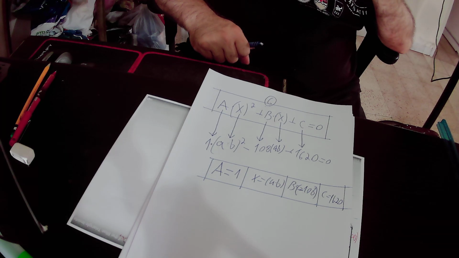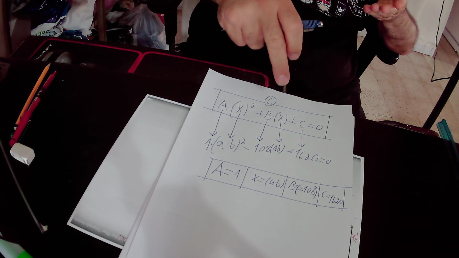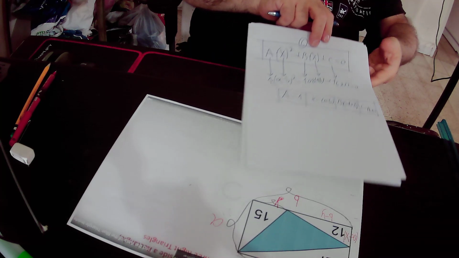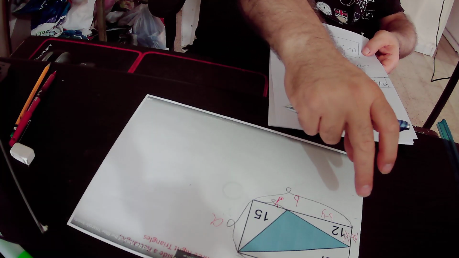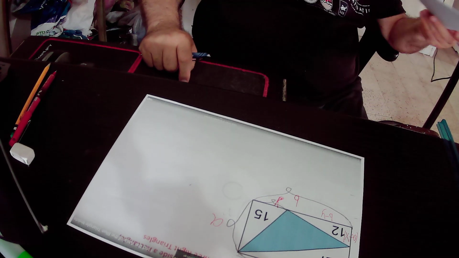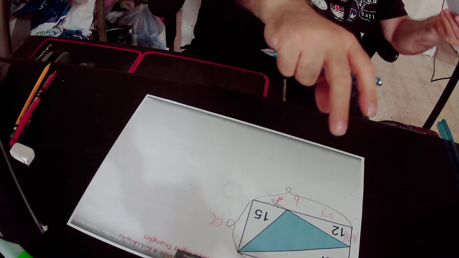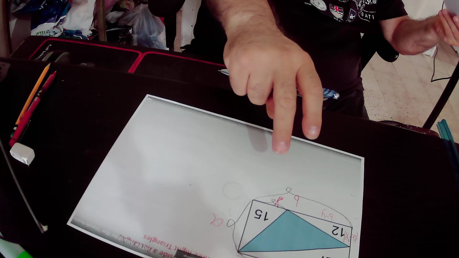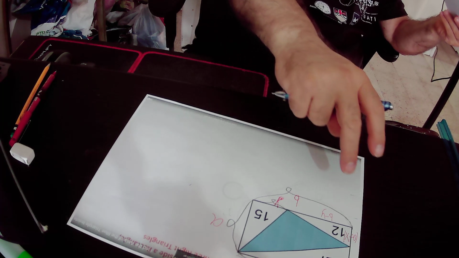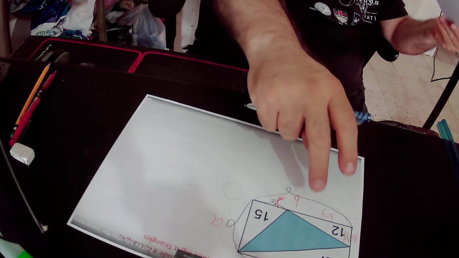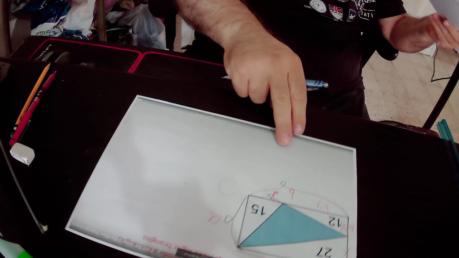So x is the variable that we are looking for, and in our specific quadratic equation, x equals a times b, and a times b is the area of this rectangle, and after we find the area of this rectangle, we will subtract from this area the sum of the areas of the three right triangles, and this will give us the area of the blue triangle.